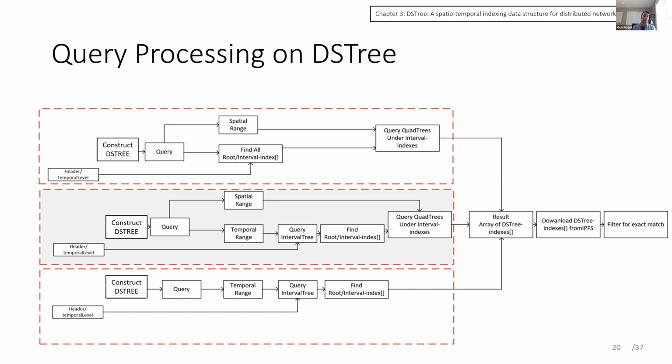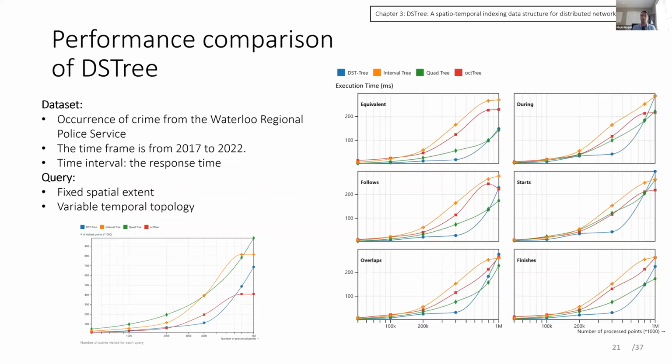Or if it is a combination of spatial and temporal parameters, we query the top part of the tree and then query the bottom part of that tree. We need to have an exact match check for true negative concepts, which we also need to check, but it increases the query performance.